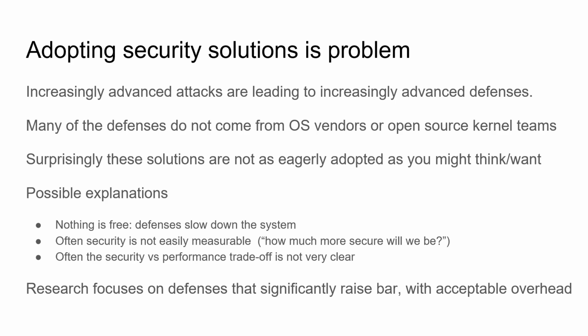But in industry, it's typically considered to be only a few percent at best. So that means that there's not a lot of computation that you can do extra to secure the system. But most importantly, you also have to somehow show how much extra security that performance hit is going to buy you. And that is typically a problem.